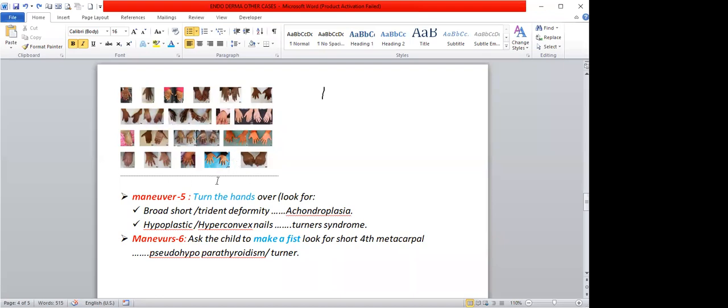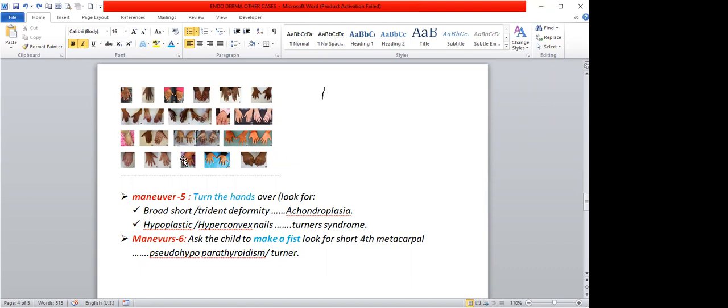So what happened here is the different types of hand clinical feature findings. If there is shortening of the fourth metacarpal, maybe we can suspect Turner syndrome, that is also another clinical finding.